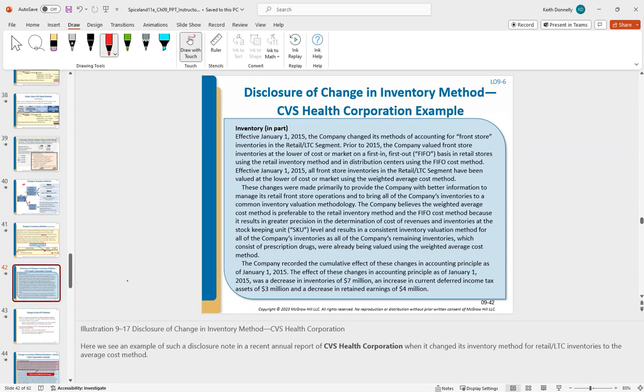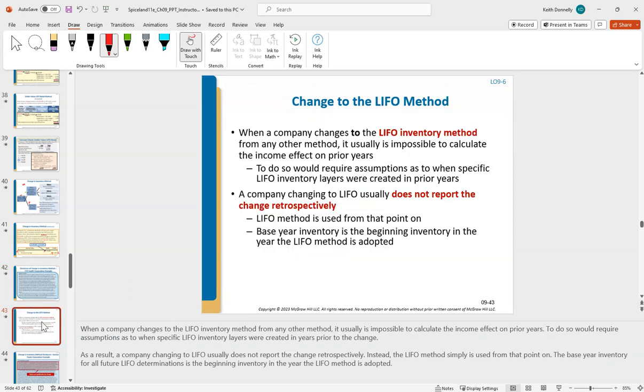Likewise, we will disclose accordingly in that case. So you can look at this CVS example. How about if we change to LIFO? We're going from any other method to LIFO. Well, it's going to be hard to go back and restate those things with the different layers and assumptions.